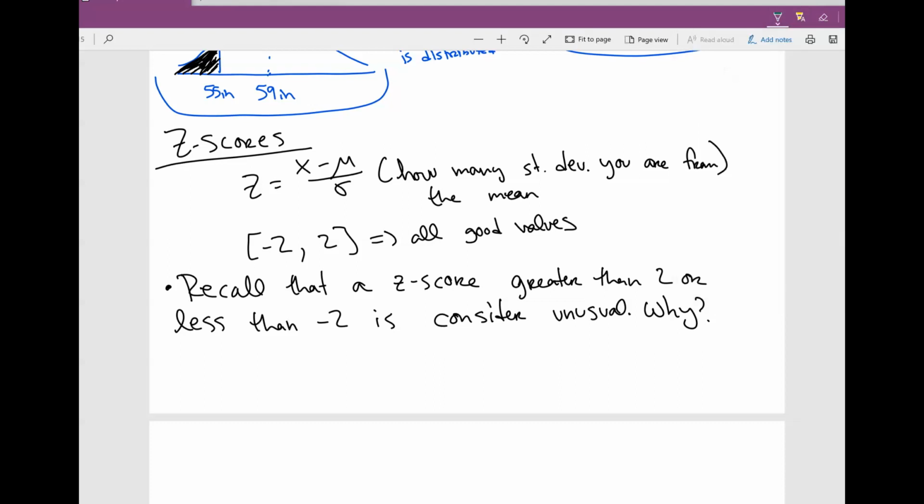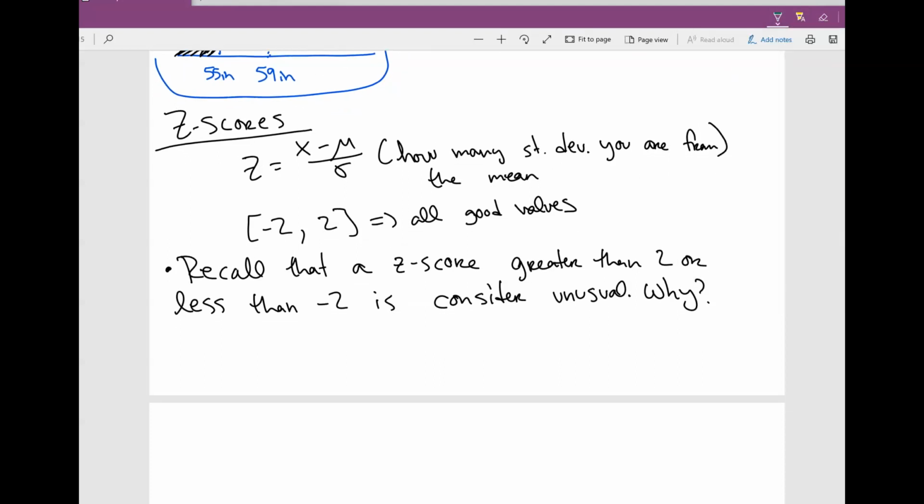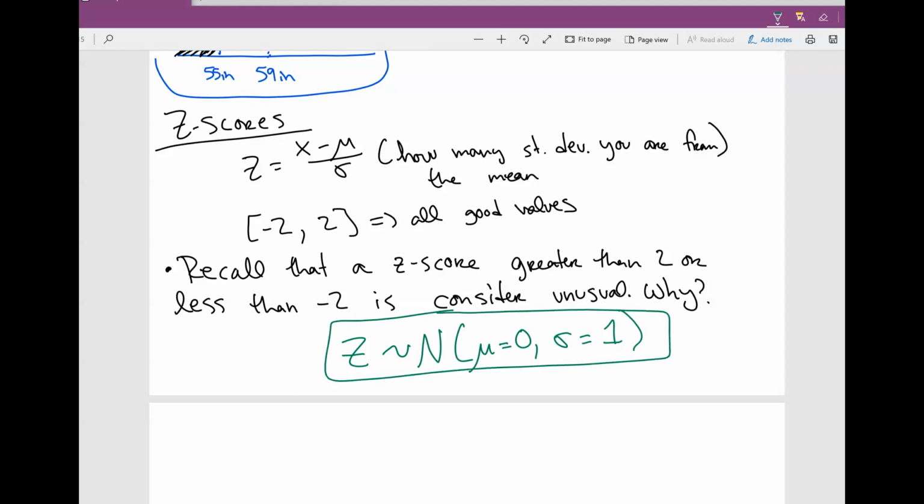So something to note about z-scores is that all z-scores are normally distributed with a mean of 0 and a standard deviation of 1. Basically you can think about it like I'm moving this x value mu units, so I'm standardizing it and making it into a nice shape.